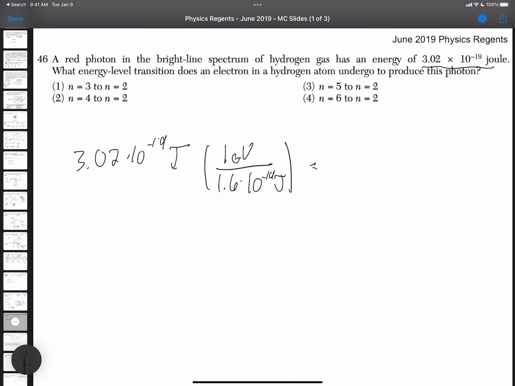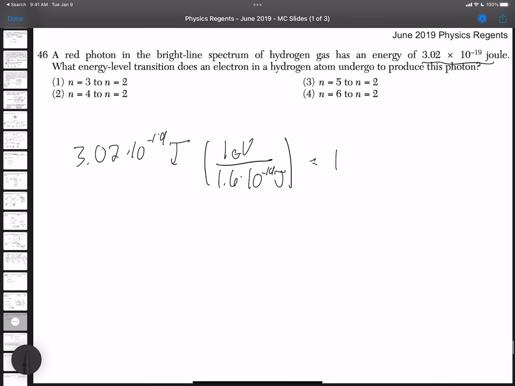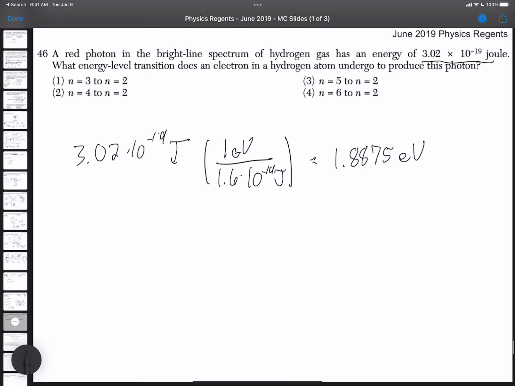So when I do my 3.02 divided by 1.6, I'm going to get 1.8875, and the 10 to the negative 19s simplify to 1, and so this is the amount of energy that I'm looking at.